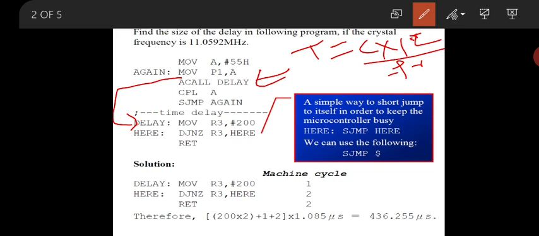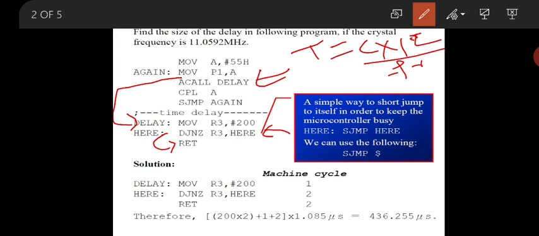Is it 0? No. Then which instruction is repeated? The DJNZ instruction is repeated 200 times. Once R3 reaches 0, the loop will be broken and it will go to the return instruction. I hope the execution of the delay program is very clear.